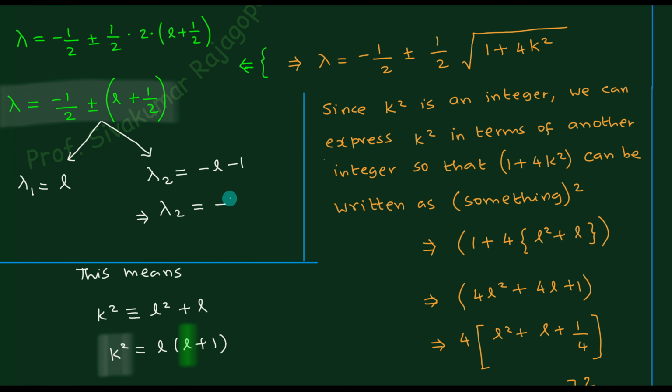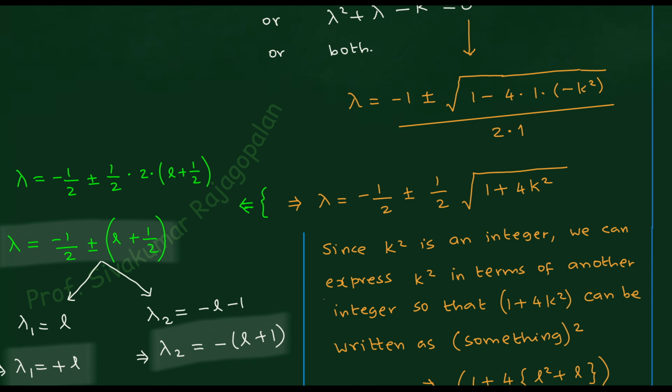If I take minus common, I will get minus of L plus 1. So our conclusion is that we got two values, lambda 1 equal to plus L and lambda 2 equal to minus of L plus 1. So this is the result. The advantage of rewriting in terms of L is clear, right? We are able to simplify the quadratic equation.